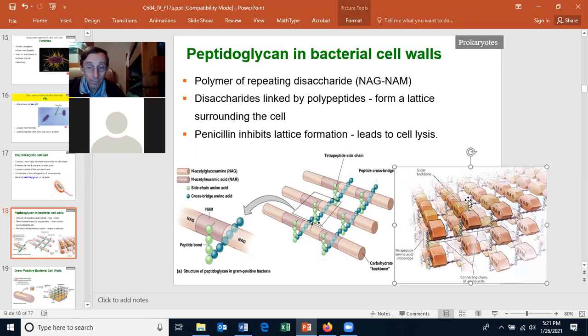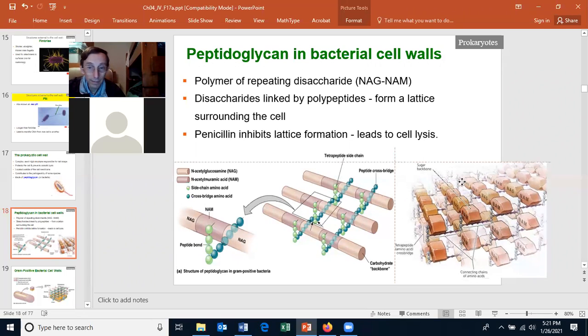So there's peptides in peptidoglycan, and that's where the molecule gets its name. Peptides and glycans for peptidoglycan. Any question about any of that?